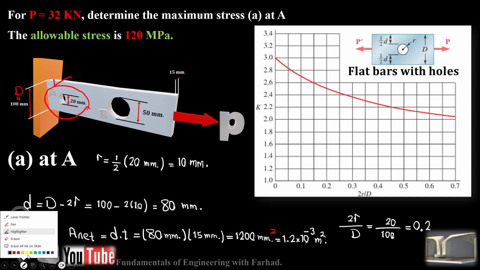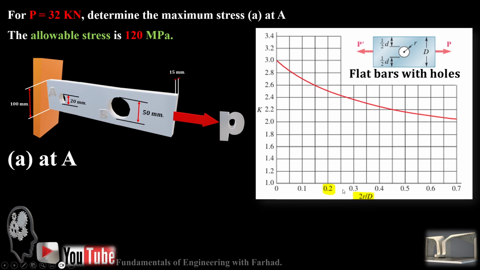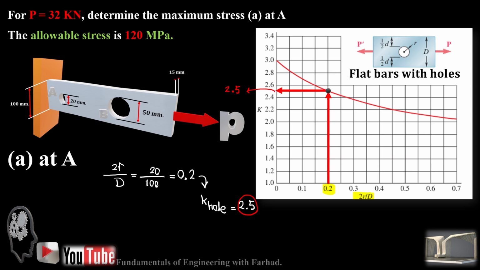Then we jump to our chart to read the K factor. 2R over D is equal to the diameter of the smaller hole over the width of the plate, that's 0.2. If you read that off our graph, you climb up and read the K value for the circular hole, and it gives us K equal to 2.5.